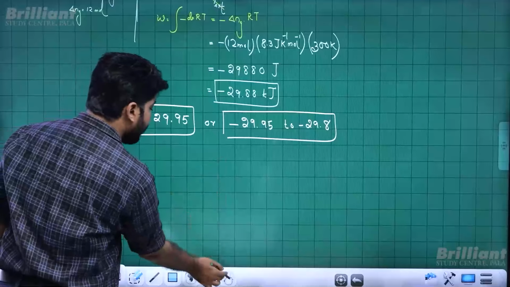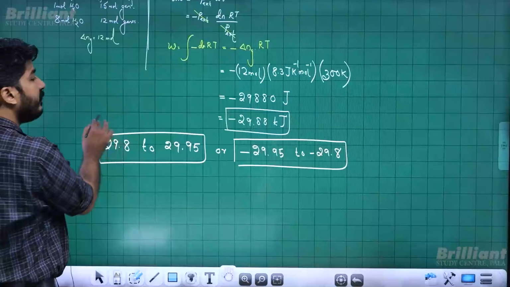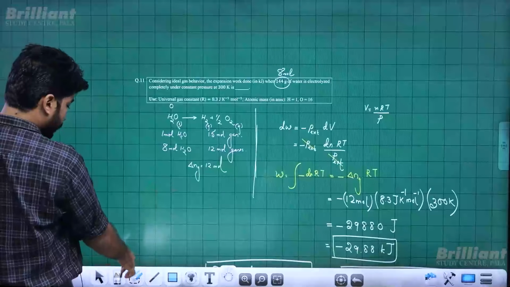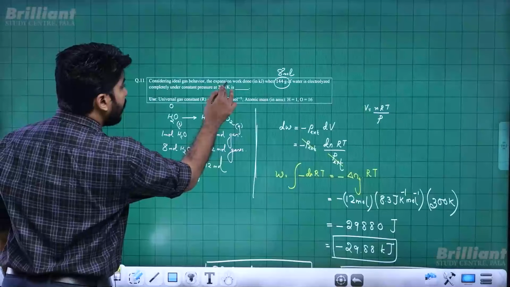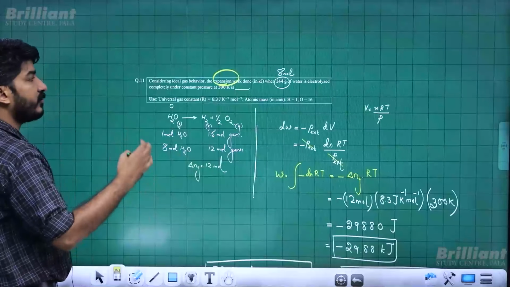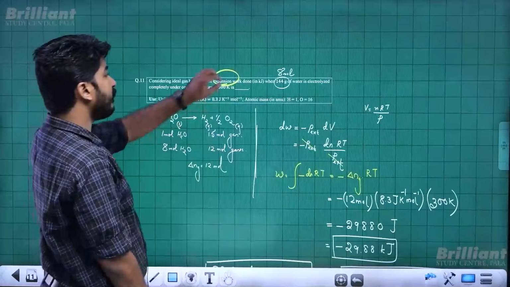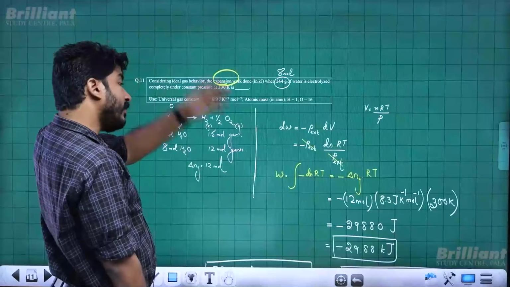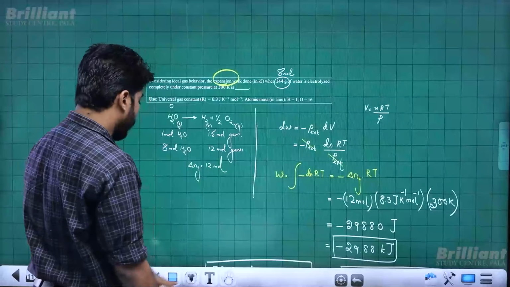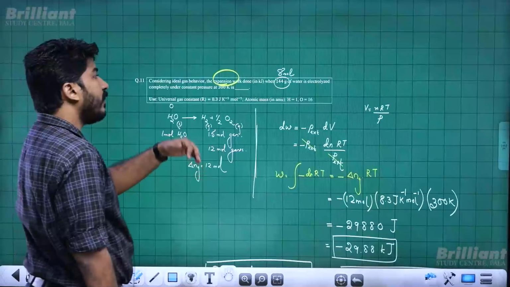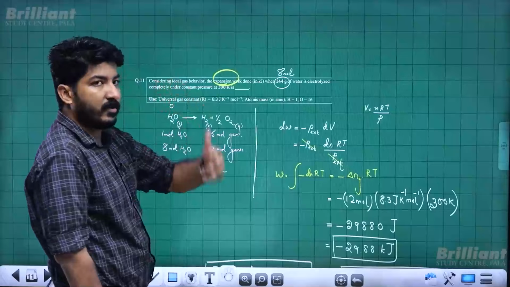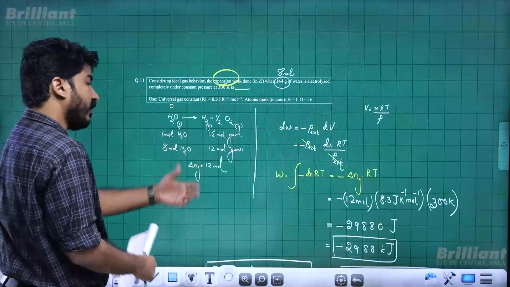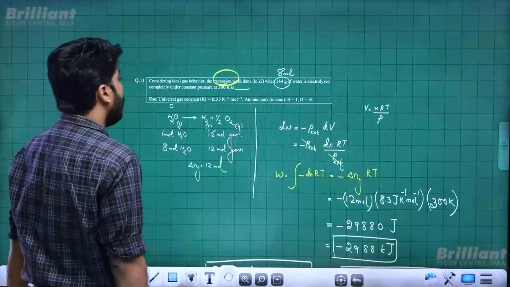You know why there is some flexibility with the sign of the work done? I guess that's just because of the expansion work mentioned in the question phrase. If it was simply the work done when this much electrolysis is occurring, then you should be giving the negative sign. Since they are specifically saying expansion work, we know expansion work is generally negative, because the system is doing work.